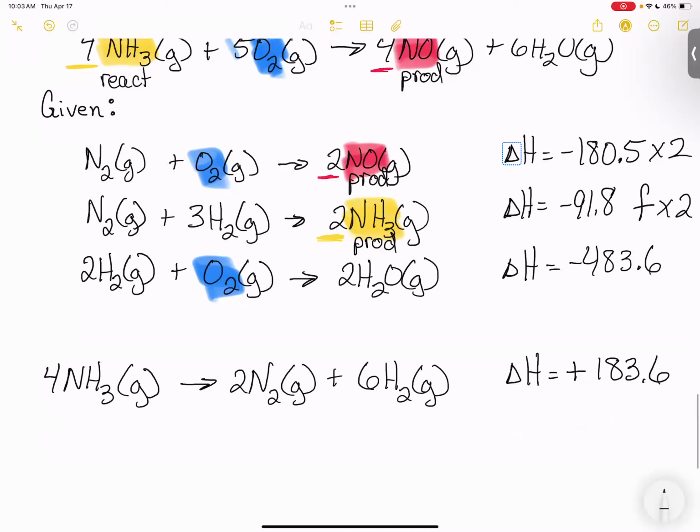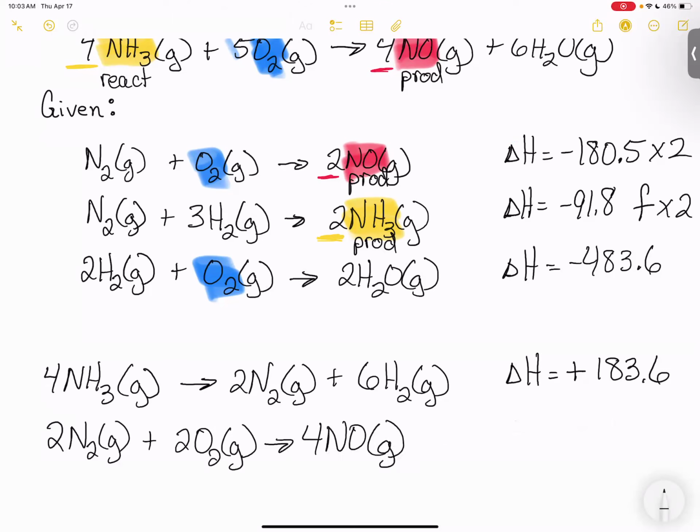So 2N2 gas plus 2O2 gas goes to form 4NO gas. And because I multiplied the equation by 2, I multiply the delta H by 2. And that's a negative 361.